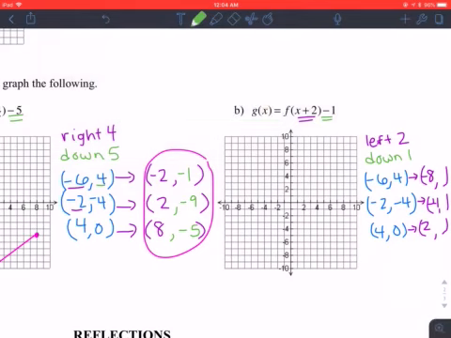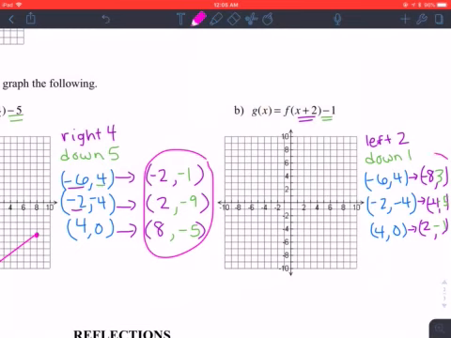Okay, now we'll shift down 1. So if my y value is starting at 4 and I shift down 1, I'm now at 3. If I'm starting at -4, and I shift down 1, I'm at -5. And then if I'm starting at 0 and shifting down 1, I'm at -1.